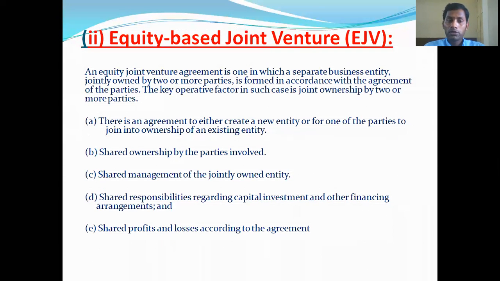It's just the opposite of the first one. An equity joint venture agreement is one in which a separate business entity, jointly owned by two or more parties, is formed in accordance with the agreement of the parties. The key operative factor in such a case is joint ownership by two or more parties.